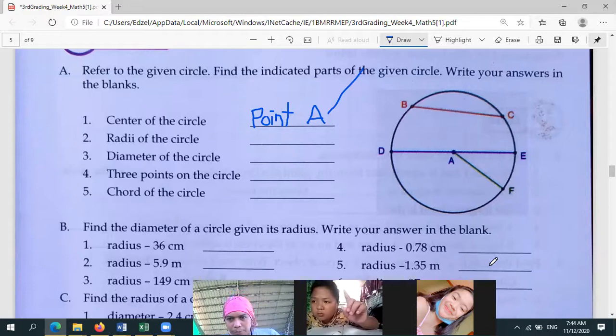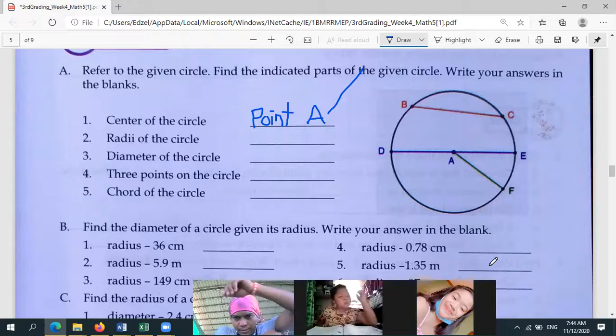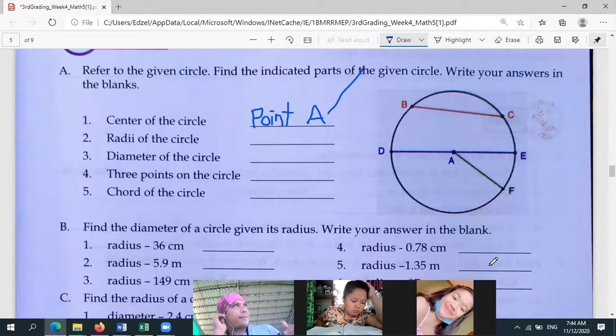Nope. Higher, Josh. How many radius? 4. 4, lower. 3. 3. That's it. Bingo. 3. I will write the radius, the radii. This is also a radius, sir.